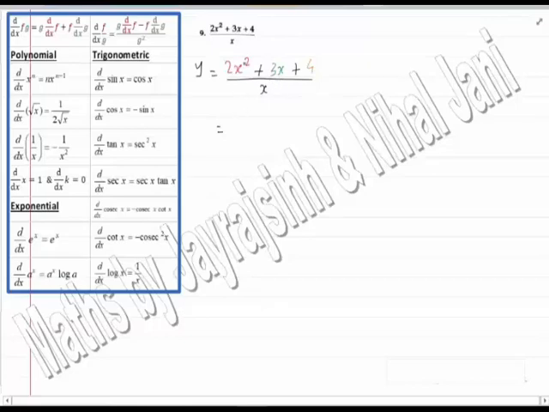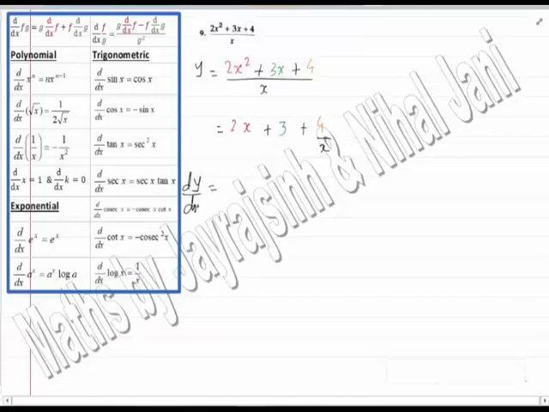Okay, now to simplify these terms we have to give individual denominators. So our first term will be 2x square by x, or we can say 2x. The second term will be 3x by x, or we can say 3, and our last term will be 4 upon x, because third term doesn't have any x to cut the power, right? So tada, we have our simplified term.